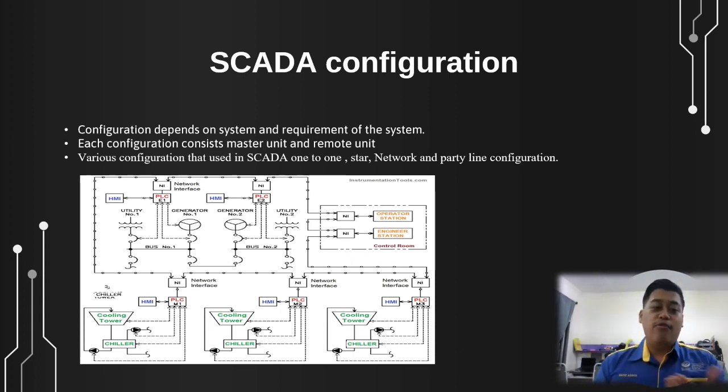The various configurations used in SCADA are one-to-one SCADA configuration, star SCADA configuration, network, and party line configuration. At the bottom of the slide, there is an example of the SCADA configuration, which is a network SCADA configuration.